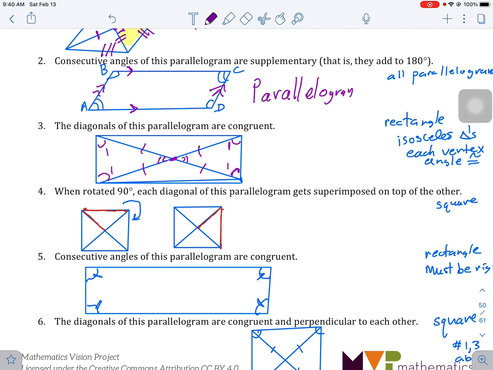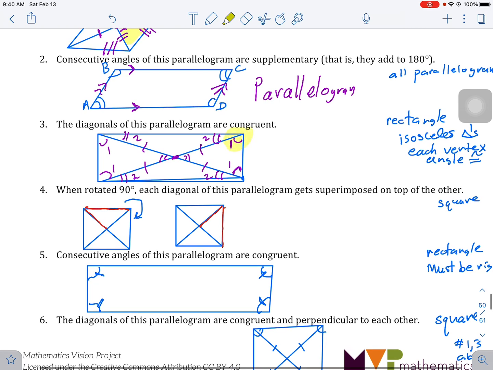Then on the other side, we've got another isosceles triangle. This could be angle 2, as well as here, angle 2. So every one of these vertices is really the sum of the measure of angle 1 plus the measure of angle 2. So they must all be congruent, all of these angles.